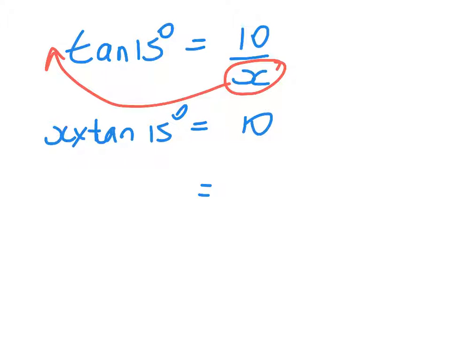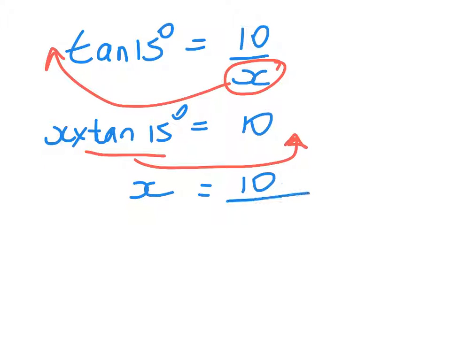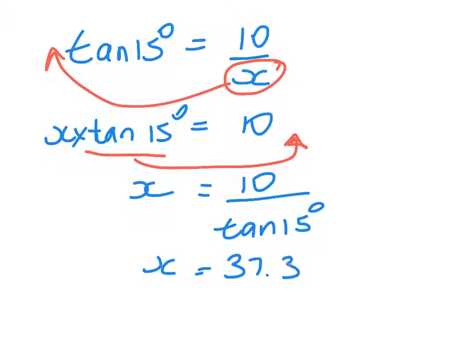And just like before, this needs to go over here. So we need to divide it. So it'll be x equals 10 over tan 15 degrees. If we put that in our calculator, you will get 37.32, and it's recurring, but we're rounding to the 2 decimal places.